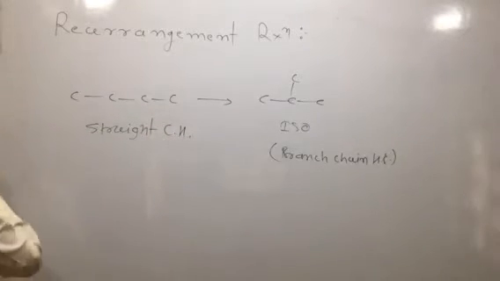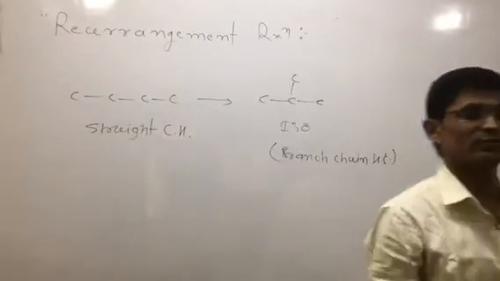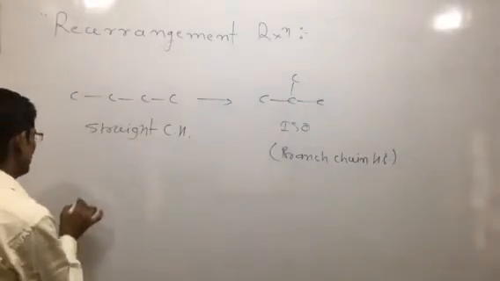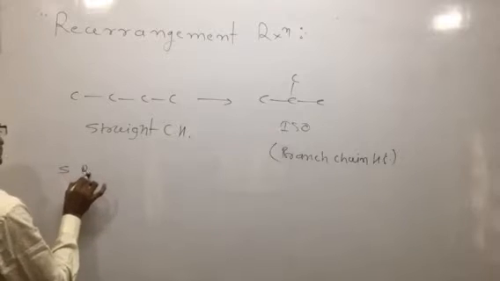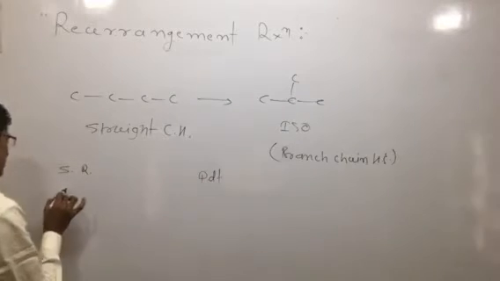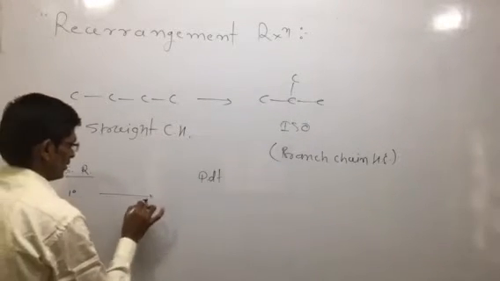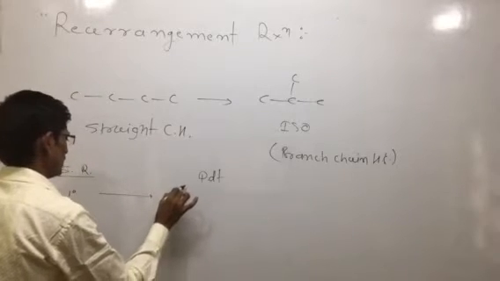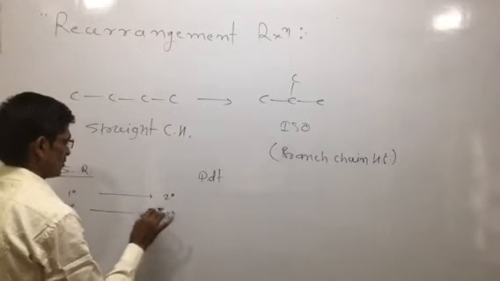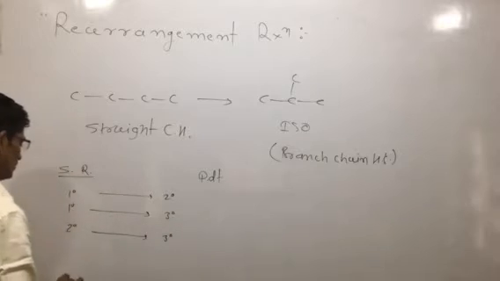What is the most important condition for a rearrangement, what is the aim, the output, the result? Between the starting reactant and the product, if the compound contains a primary carbon, it must be converted into secondary or tertiary carbon. If it contains a secondary carbon, it must be converted into tertiary carbon.